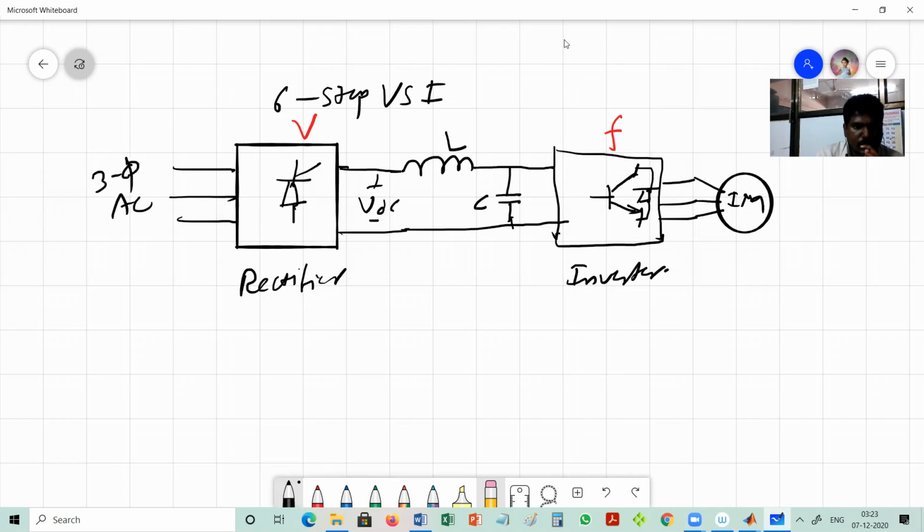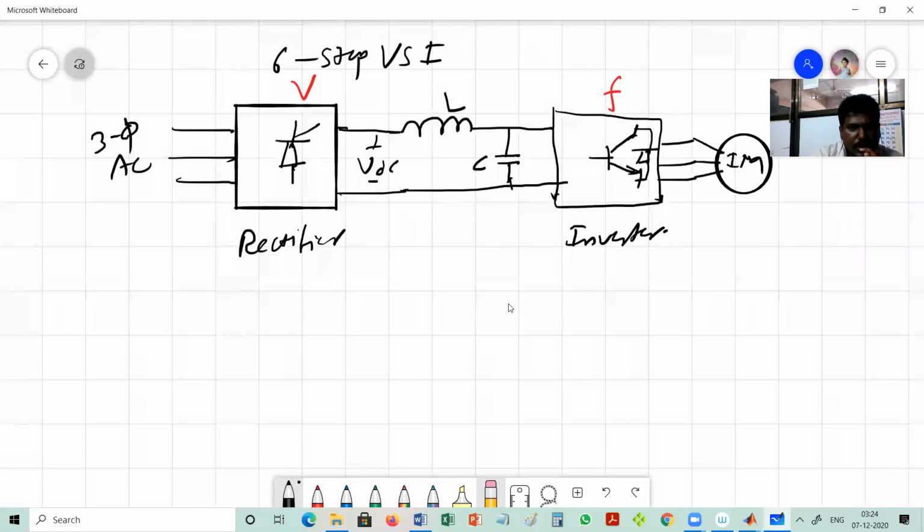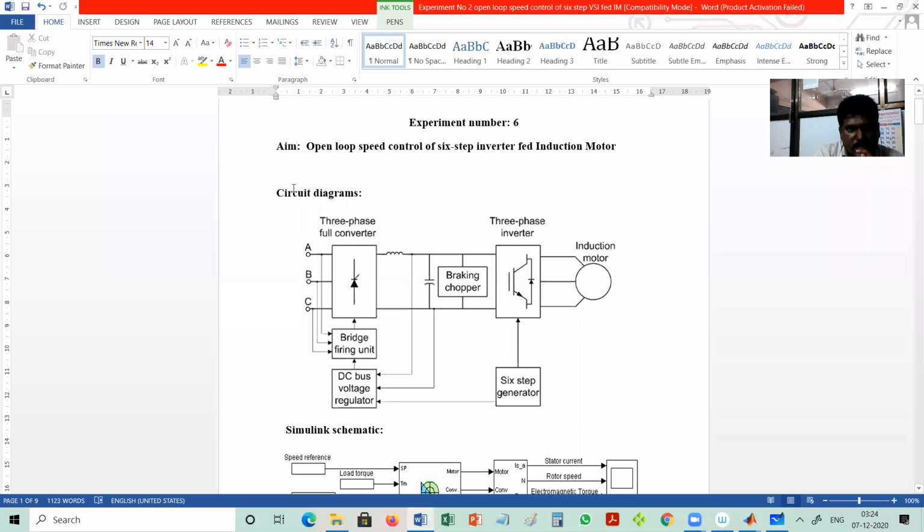So we have to control the inverter and rectifier both at a time, and we are performing the experiment as an open loop system.